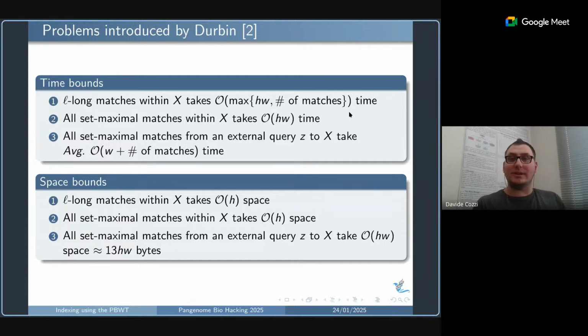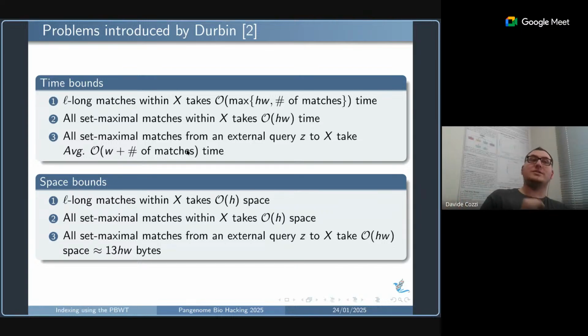The same amount of time is required to compute all the set maximal matches within the reference panel. On the other hand, computing the set maximal exact matches with an external haplotype is faster because it is just linear in the size of the external haplotype. So it's big O of W. We can ignore the number of matches, and approximate this complexity bound to big O of W.